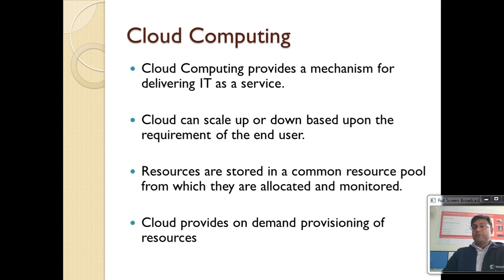Now, how would it work, and what could be the business model for the Internet of Things? The Internet of Things would benefit from present technology like cloud computing. Why so? Because cloud is a mechanism which ensures delivery of any IT service, and that delivery is not at a fixed amount of money. It is subscription based, and cloud can be scaled up or scaled down based on the requirement of the end user.